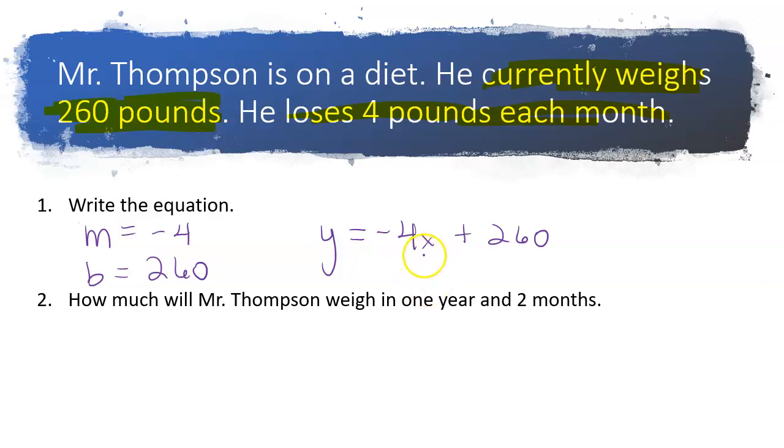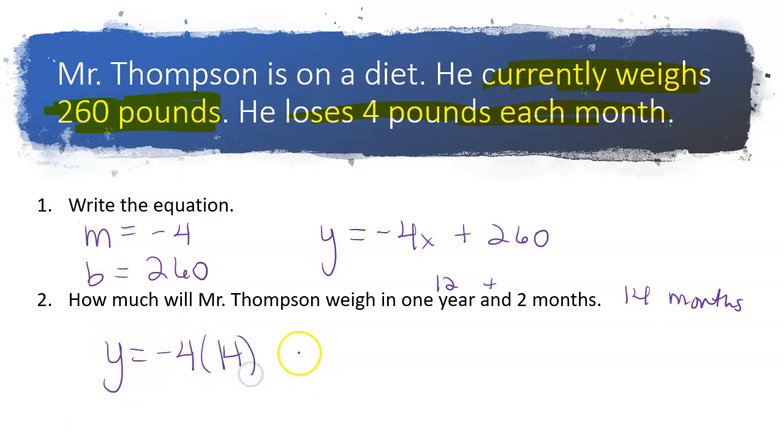We have to remember this X is per month, so we need to change this to months. 1 year is 12 months, so 12 months plus 2 months is 14 months. Do a little conversion. Now we plug in: y equals, I'm losing 4 pounds every month for 14 months, plus my original weight.